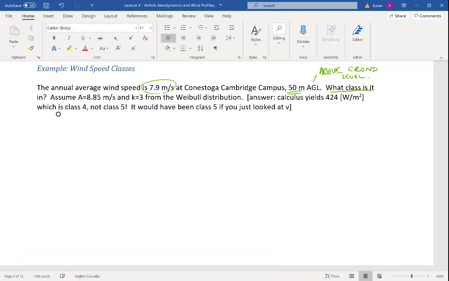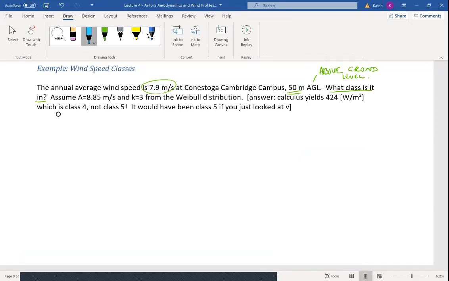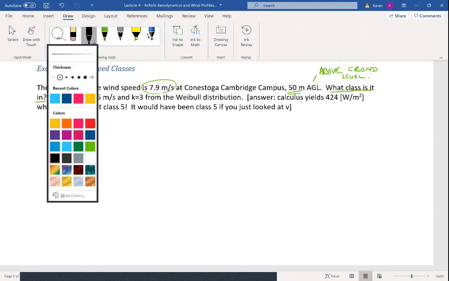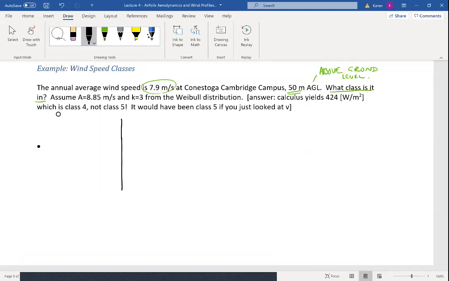We don't know how to do the calculus for this question, but let's assume we have done our good work and gone out and done some measurements 50 meters above ground level.